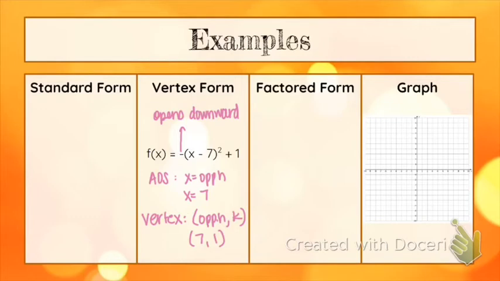So we're going to save ourselves the trouble and start by translating it to standard form. So the first thing that we'll do, I'm just going to rewrite the equation. f(x) = -(x - 7)² + 1.